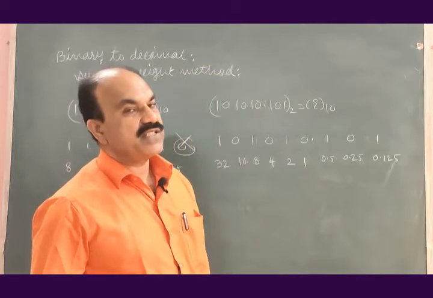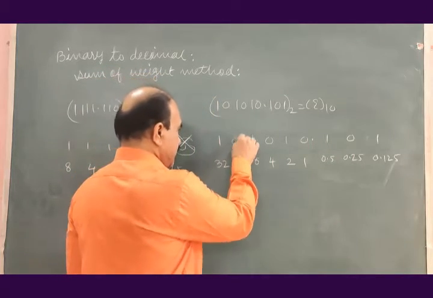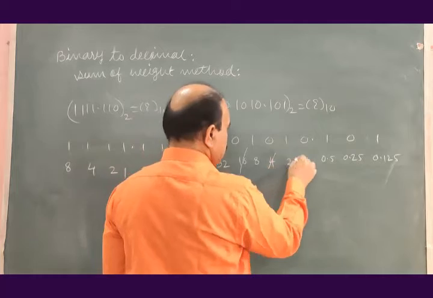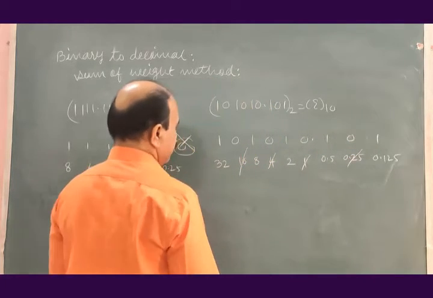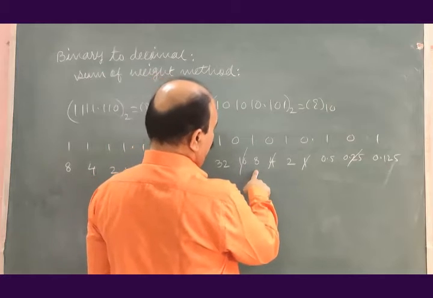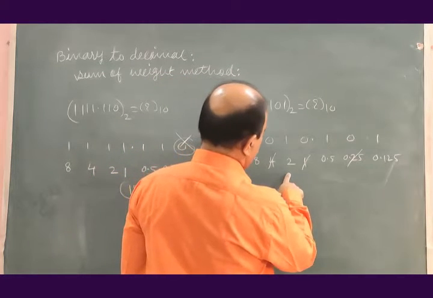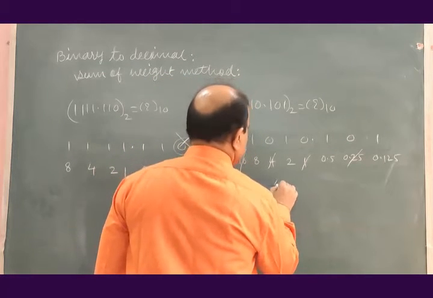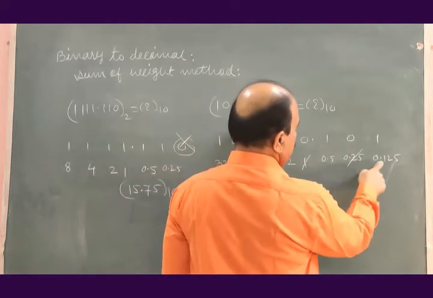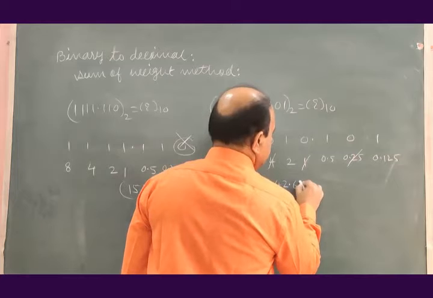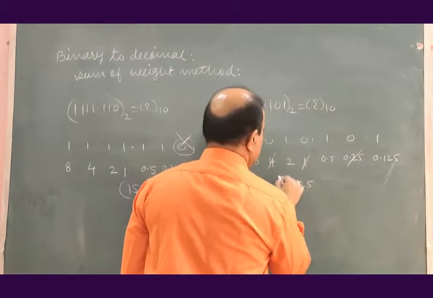Cancel the weights corresponding to 0 bits. Cancel, cancel, cancel, cancel. 32 plus 8, 40, 40 plus 2, 42. Point 625.